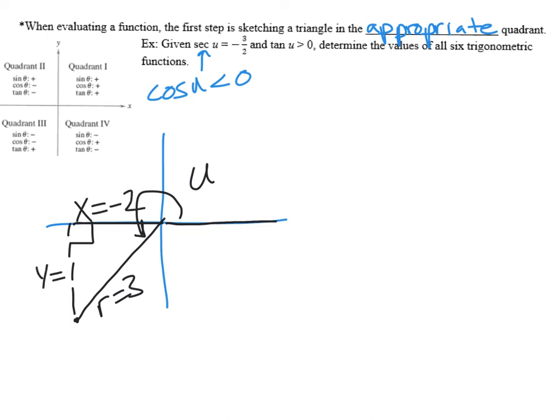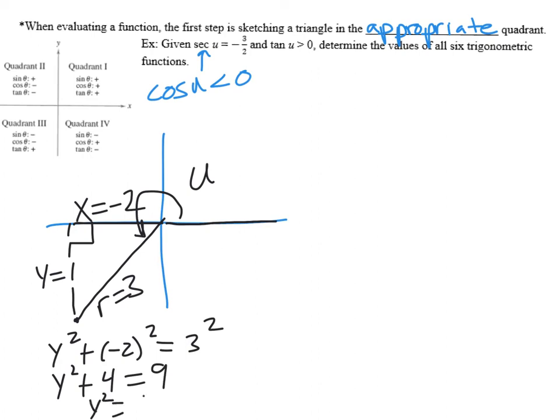Got a little bit of work to do to get Y. Y squared plus -2 squared would equal 3 squared, or y squared plus 4 would be equal to 9.